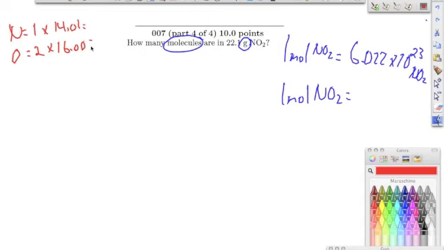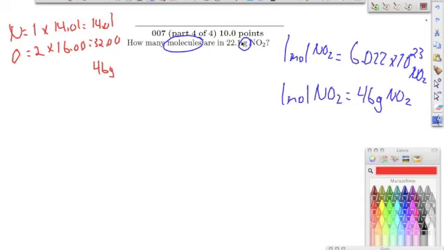We multiply those out, 14.01, 32.00, and we add those up, and we should get an answer right around, we'll just round it to 46 grams. Now what this means is 1 mole of nitrogen dioxide equals 46 grams of nitrogen dioxide. Okay, and we need this because we're starting in grams.